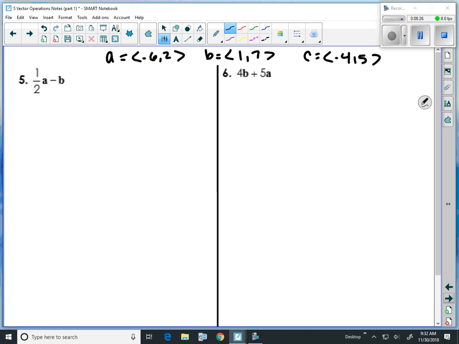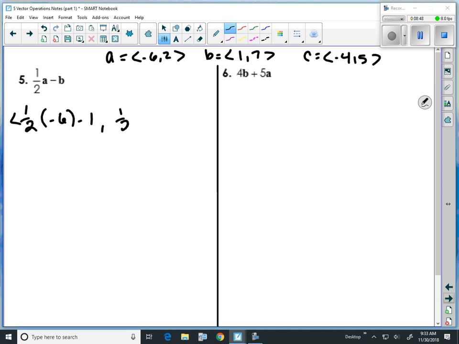Okay, there we go, so we don't have to flip. All right, so 1/2 A. So 1/2 times negative 6, so that's the first part of A, minus the first part of B, which is 1. And then you do the second part.